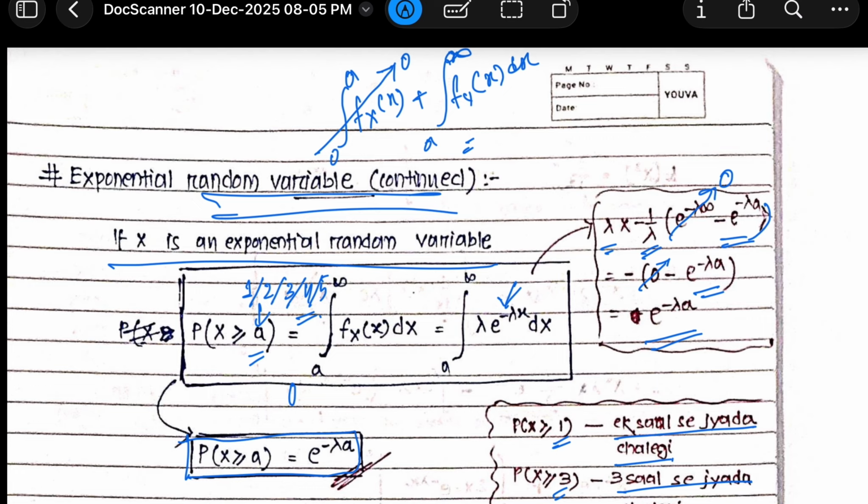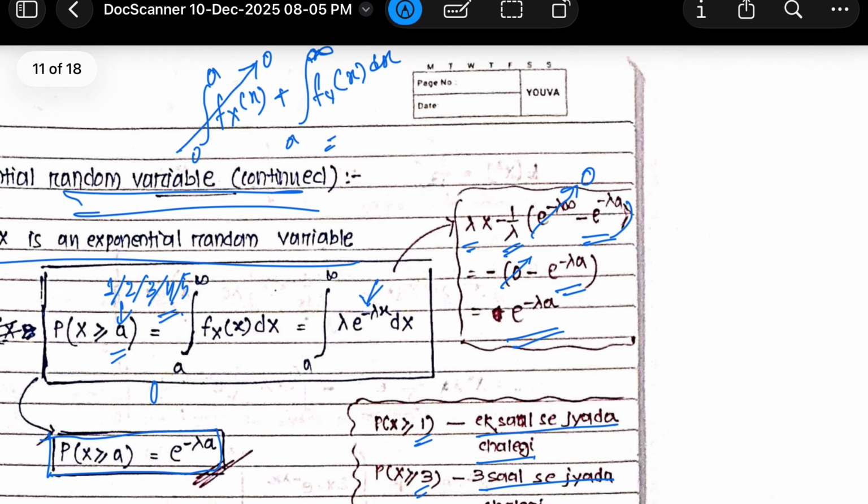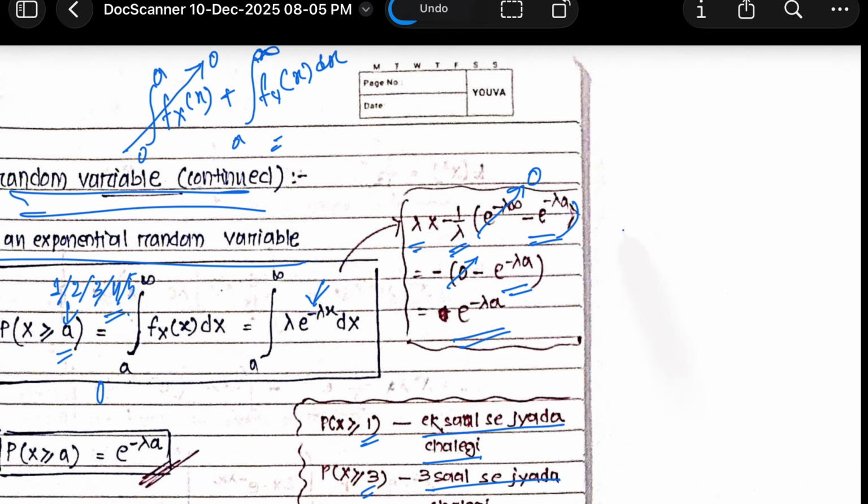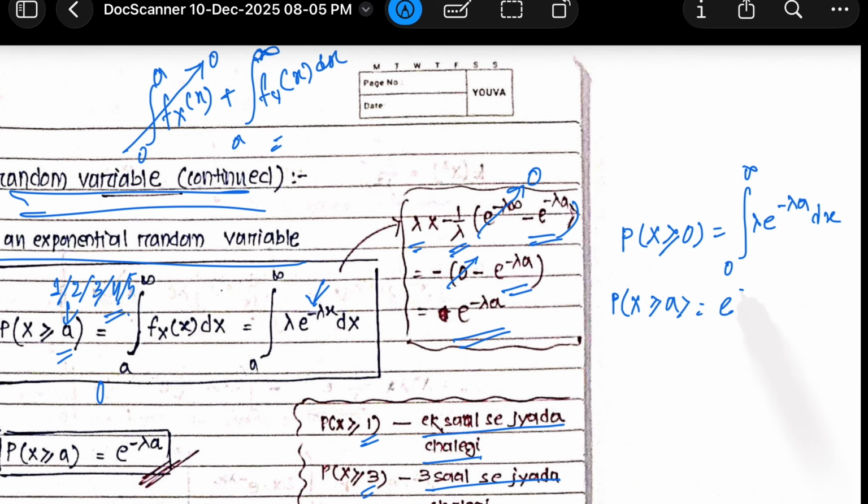You must remember the formula: the probability that something works greater than 0 is the integral from 0 to infinity of lambda e to the power minus lambda x dx, and it will work greater than a, which equals e to the power minus lambda a.